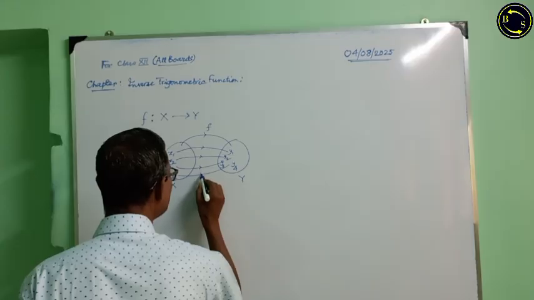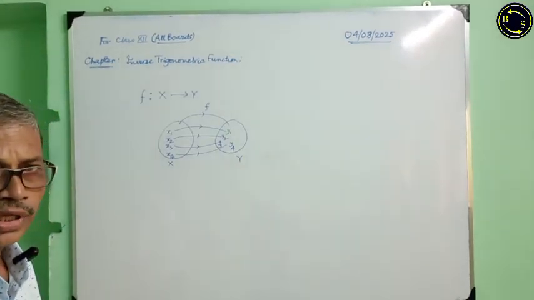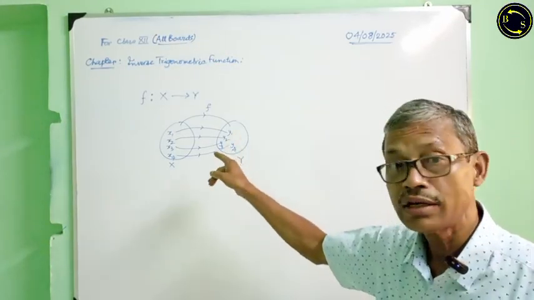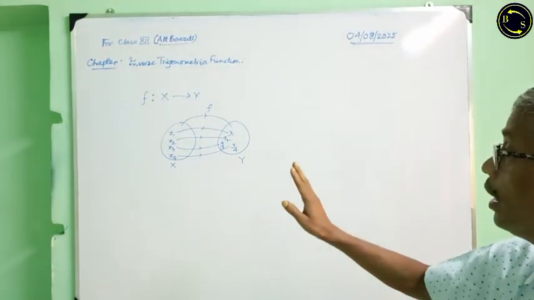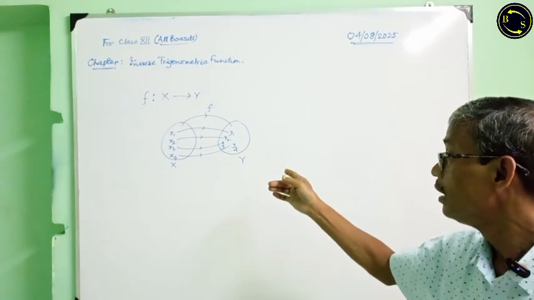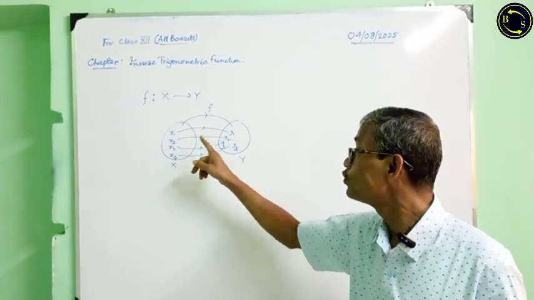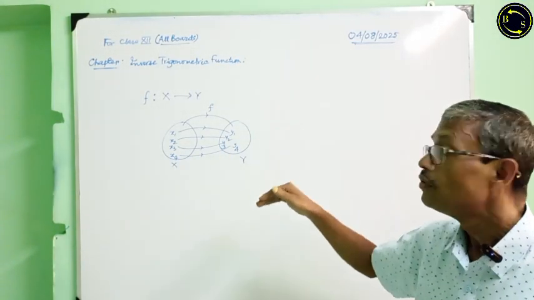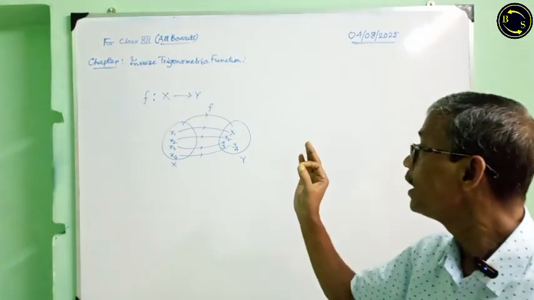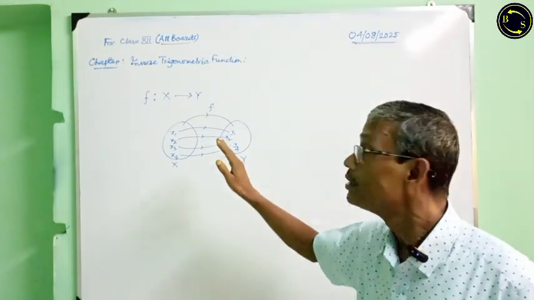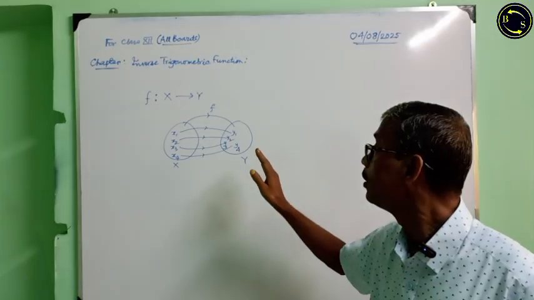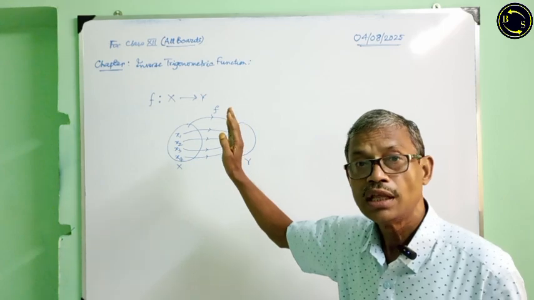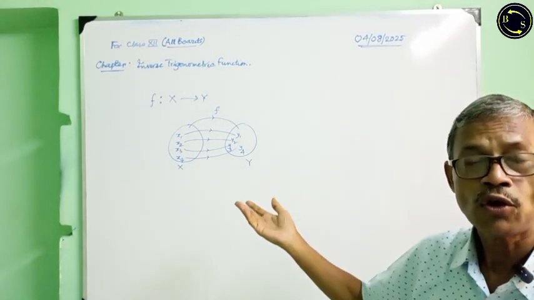If f is 1 and onto, then we have learned that for every small x here, x1, x2, x3, x4, we have distinct y's. For x1, y1; for x2, y2; for x3, y3; for x4, y4. Here, for distinct members of set x, we get distinct y of set y under the function f. Then f is 1 and onto.